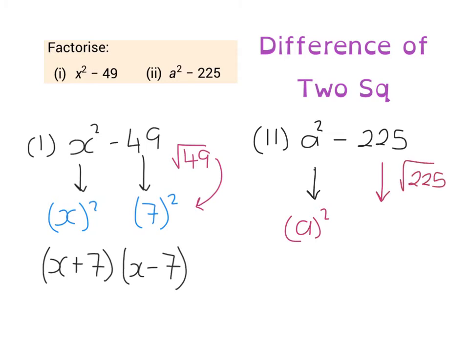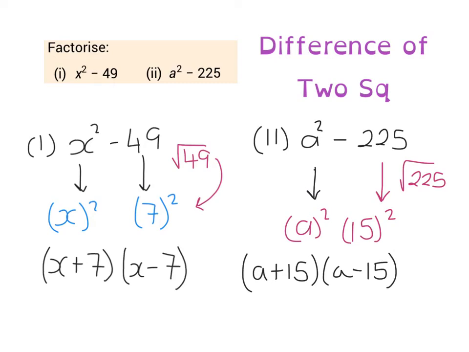When you put it in your calculator, you will get 15. And just like the previous question, we group them as a plus and negative bracket. So I have a plus 15 and I have a minus 15. And I have now factorised using the difference of two squares.